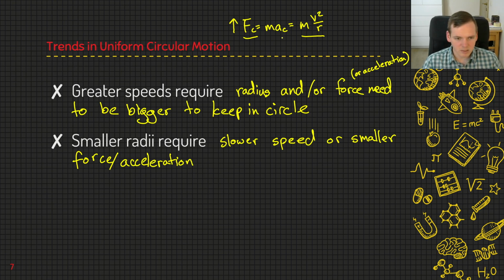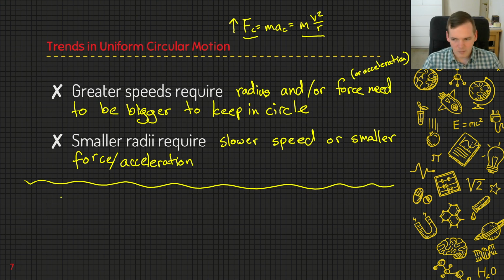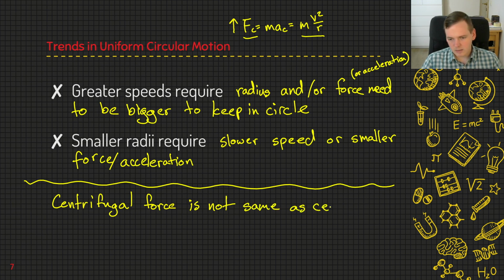And I'm realizing I missed something in the guided notes. So this is a little bit of an aside: if you've ever heard of centrifugal, with an F and a G, centrifugal force is not the same as centripetal. I know they sound very similar and they're spelled very similar, but the F-G versus the P-T makes a big difference.